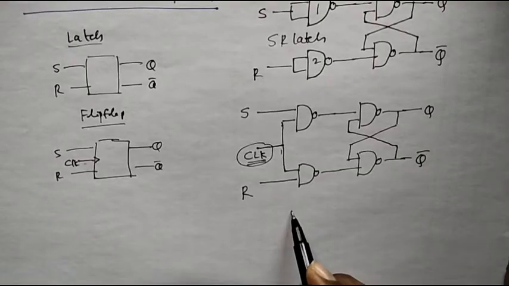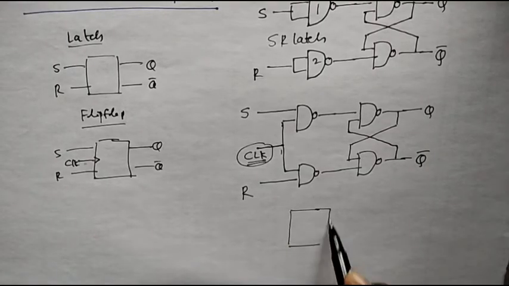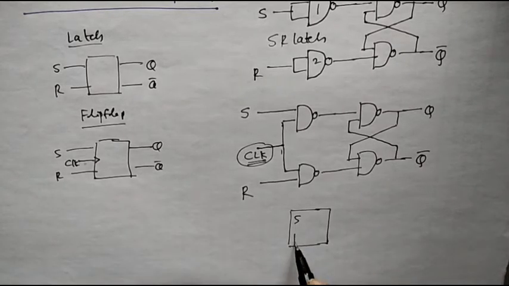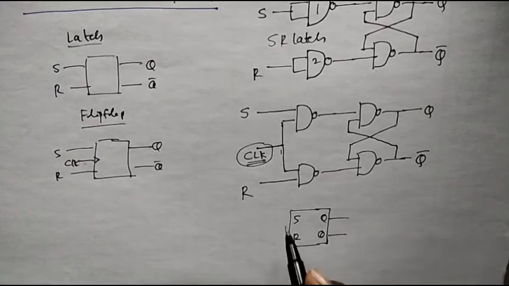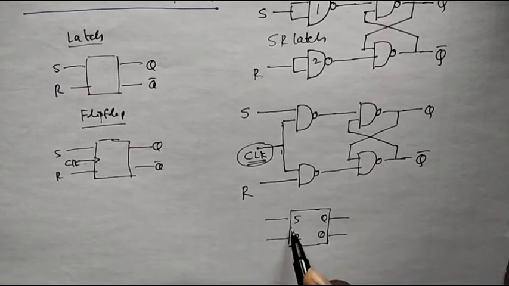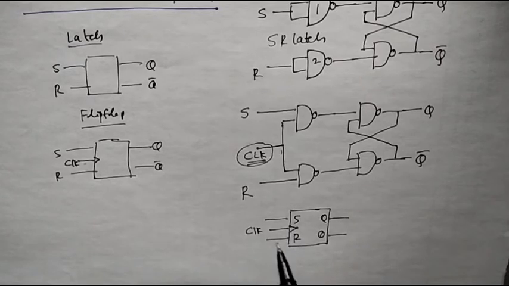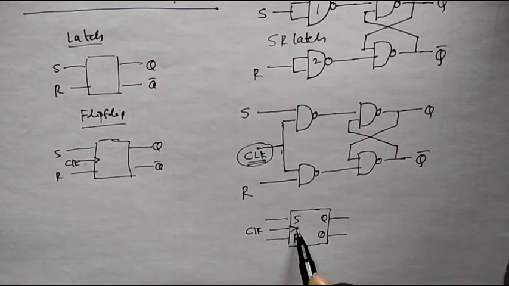So the block diagram of clocked SR flip-flop can be drawn as follows: these are the outputs, S and R are the inputs, and along with this we have the extra input known as clock input. The clock signal will be shown by this symbol.